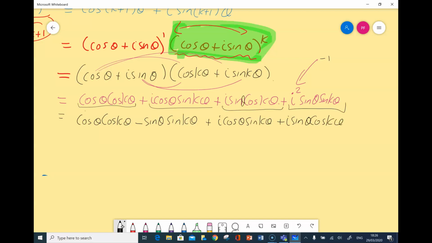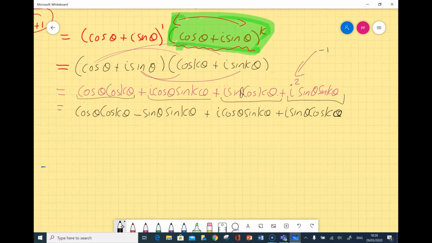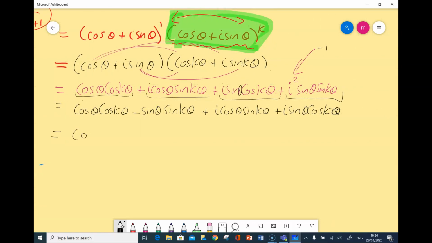Right, I'm going to factorize out my i. So I have cos theta cos k theta minus sin theta sin k theta, plus i times (cos theta sin k theta plus sin theta cos k theta).